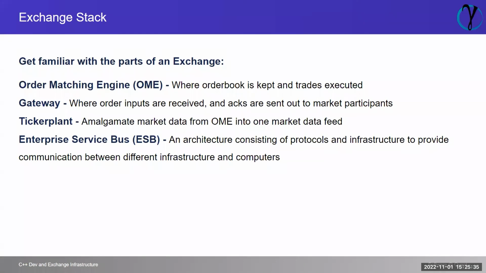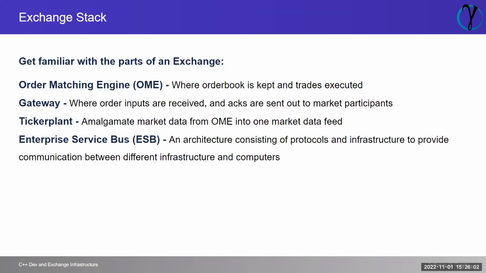So again, there are two feeds. There's the one where I say your order was traded, and another one where it's the overall market data feed where I say this trade got executed. Does it make sense? So there's two feeds actually. And then ESP is just a fancy name for basically how do you connect different things. It's an architecture consisting of protocols and infrastructure to provide communication between different computers, right?